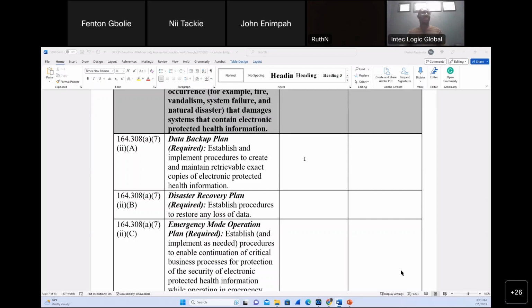Let me copy that and bring it here. So what do we want to see here in the contingency plan policy? What do you want to see? We are talking about backup plan. I explained this and told you that we'll go into details, if you have watched the videos and the last training.